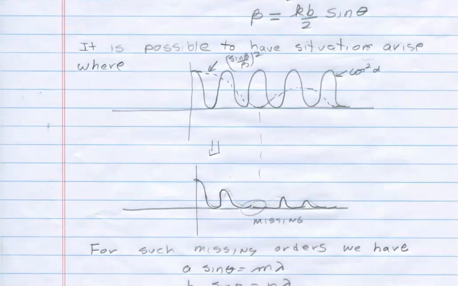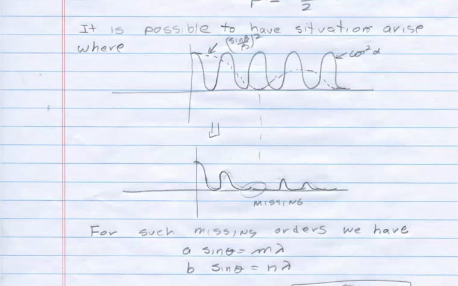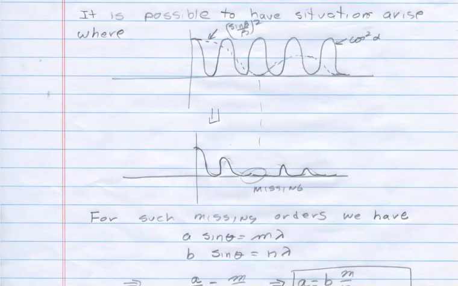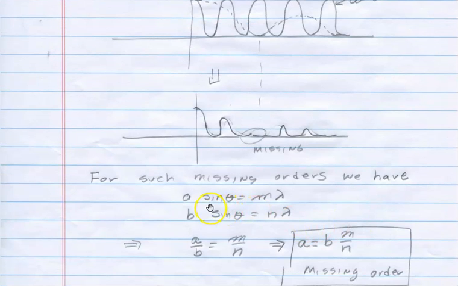And you know that the minima in either case is, I should say, for such a missing order, we have this condition that sine theta equals m lambda over a.